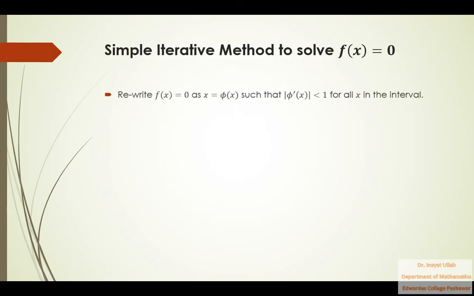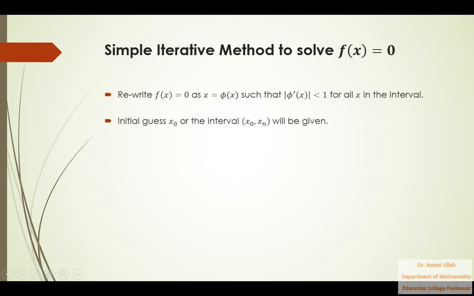and this inequality holds for all values of x in the given interval. So we will find the derivative of this phi of x, then take the absolute value, and check whether this value is less than 1 or not.